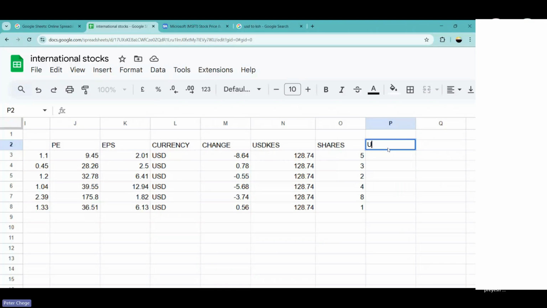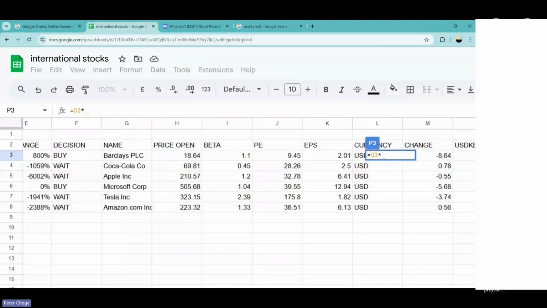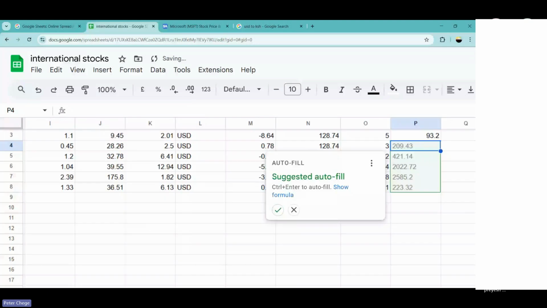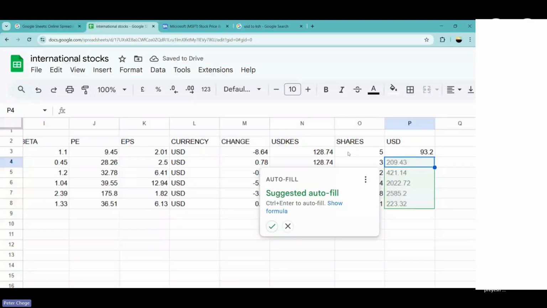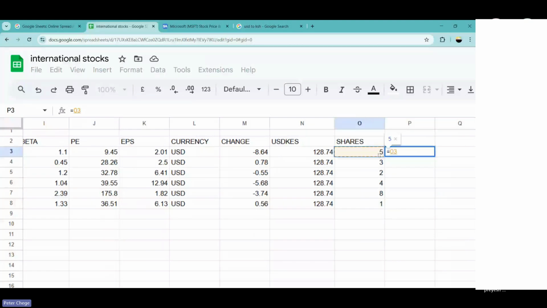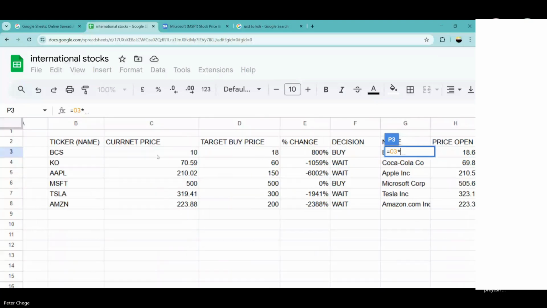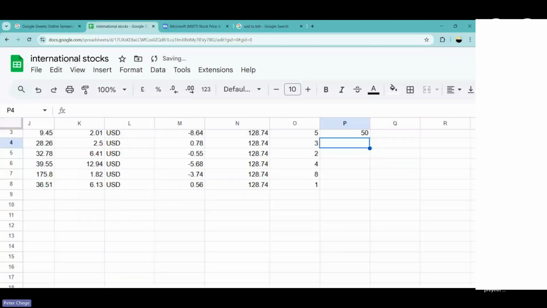equals my shares times the number of shares I have, times the current price. Sorry. Let's use the opening price for today, or the closing, the current price. Let me just use the current price. Where is the current price? It is here, the one we are putting automatically. Then I need to drag down for all of them.